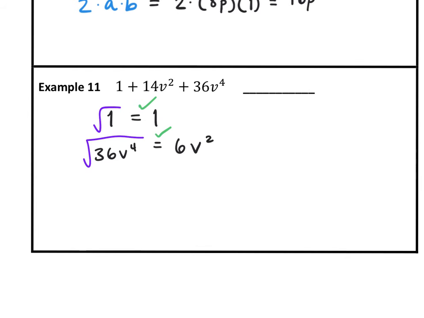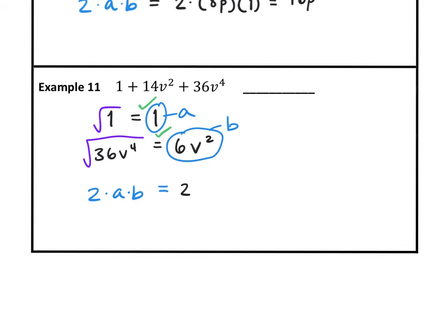The next thing, we're going to say that this first term is a, and the second one is b. And I want to check what I get if I do 2 times a times b.